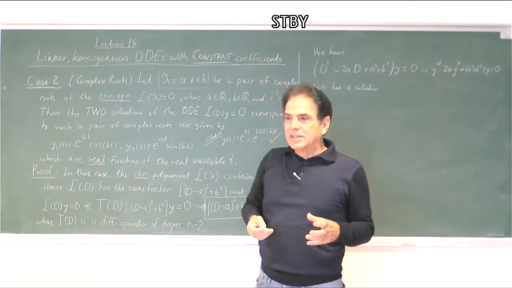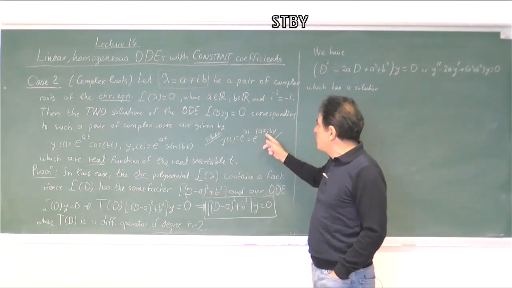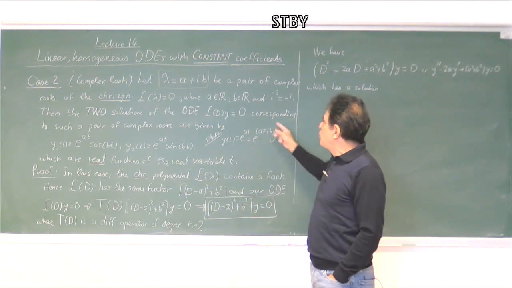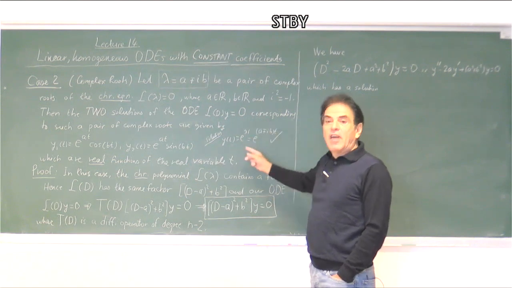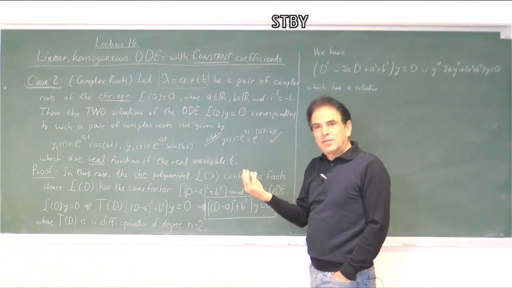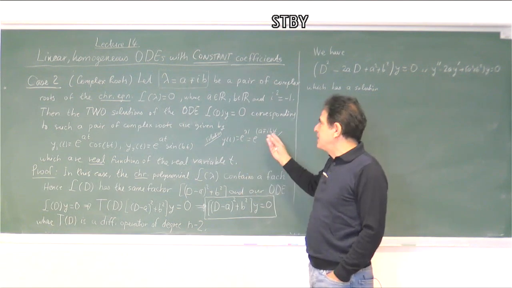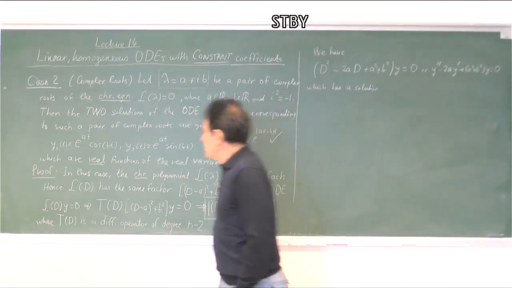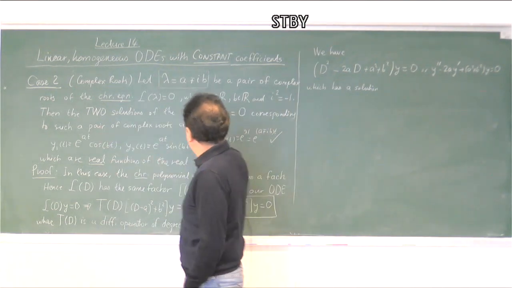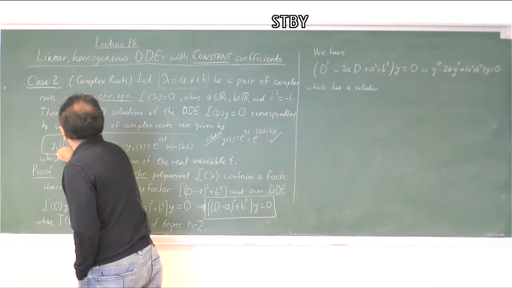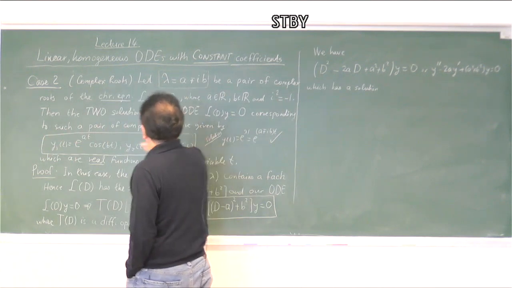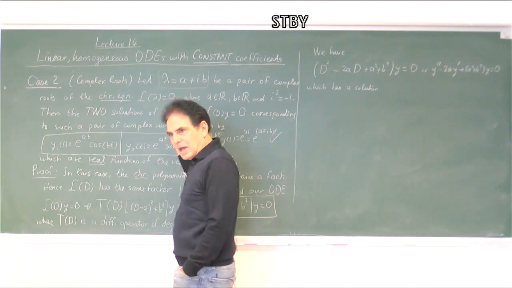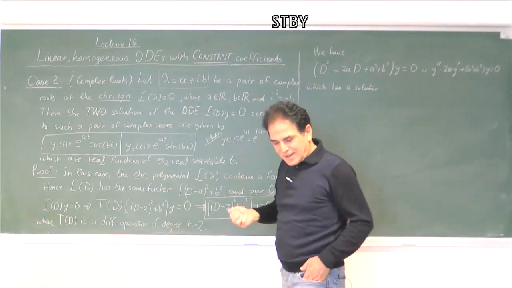So the question is whether it is possible or not to define two real valued solutions of the real variable t. Okay? And our hypothesis, and we claim, is that the two real valued solutions have these forms. Now we try to prove this. Okay?